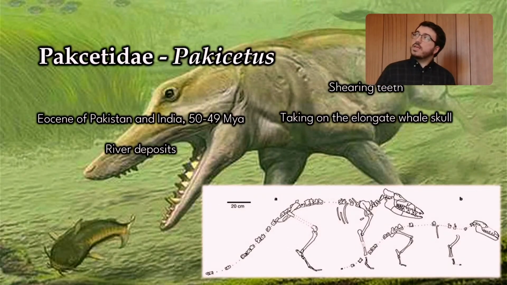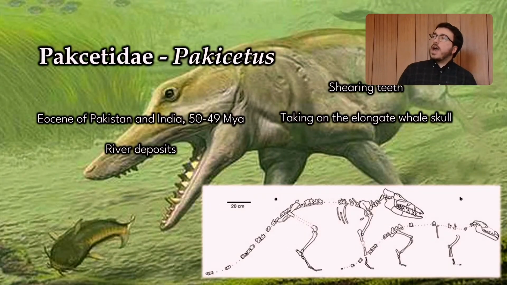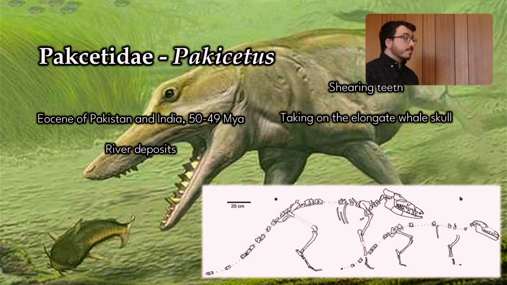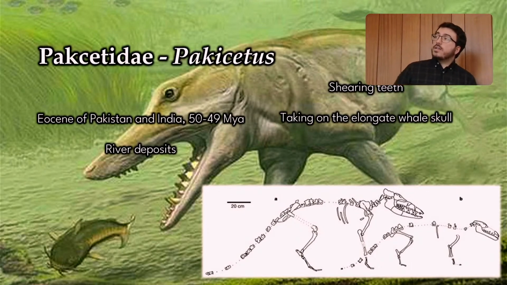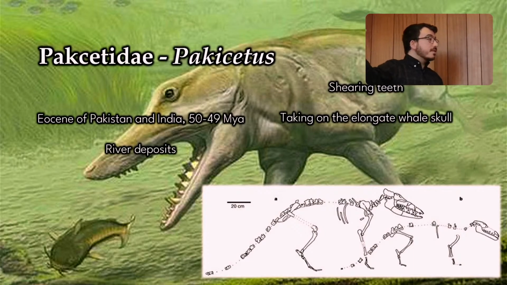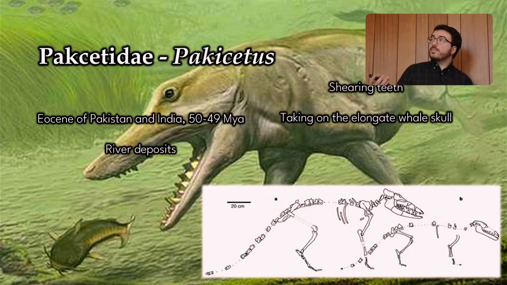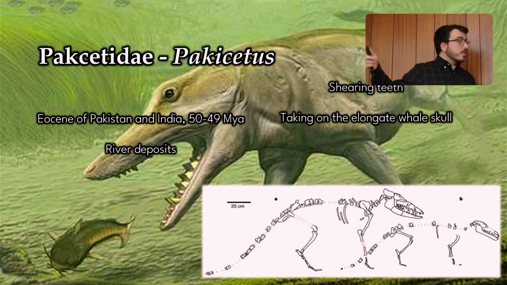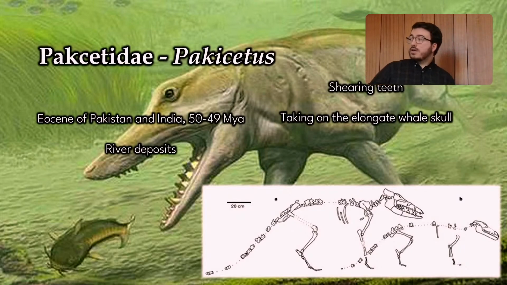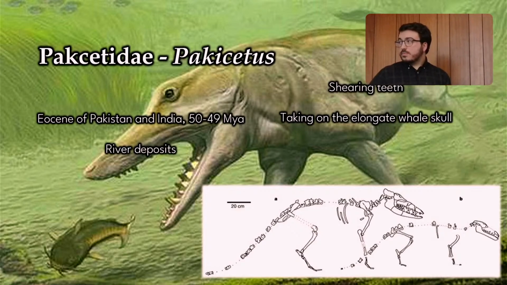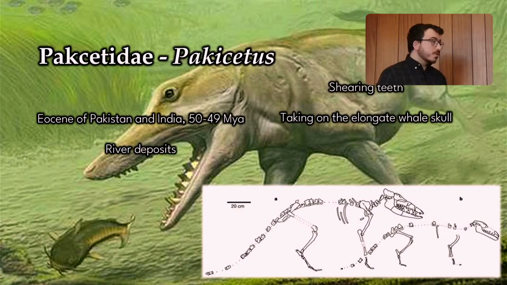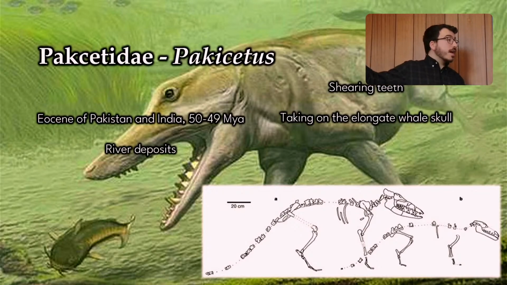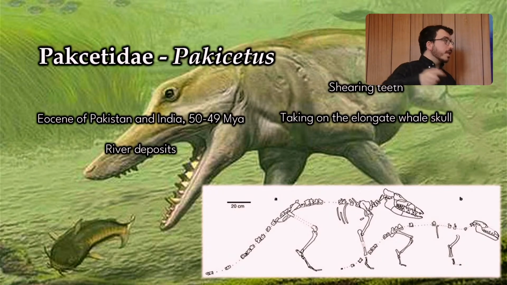The next one is Pachycetus, and it's living about the same time in the same place, and we're finding it in river deposits. So it's having the same ecology as Indohyus, and it has the same sorts of features. It's got those very deer-like limb bones, and it also has the tympanic bulla, like I mentioned with Indohyus.